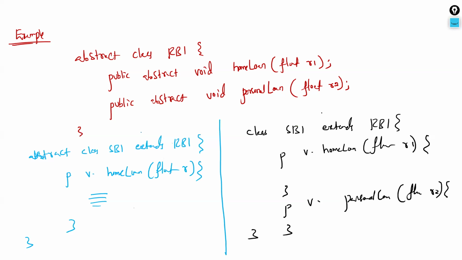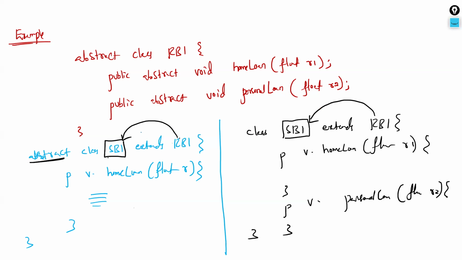What is one way? For a child class to exist, the child class has to implement all abstract methods of the parent class. That's one way. Otherwise, if you want to implement only one of the abstract methods, then make yourself also abstract, because you still have an abstract method. If a class has at least one abstract method, then it has to be an abstract class. This is how a child class can exist.